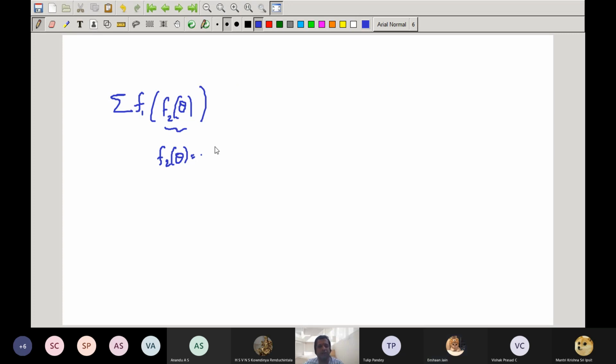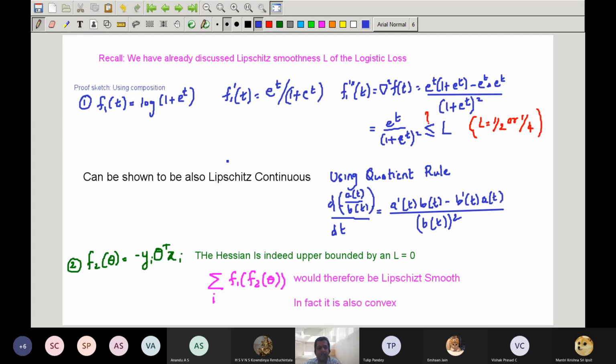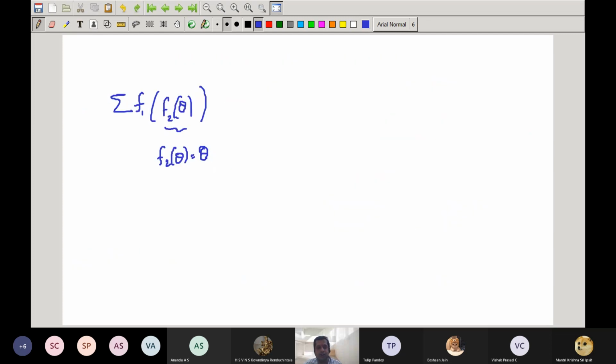I could even write it as a matrix multiplication, if I have lots of features and examples. This is for a single example, of course, it's a vector. I'm going to write it as exactly as I did in the previous slide, theta transpose xi, but I'm going to write it more generally as just theta transpose p, some p.